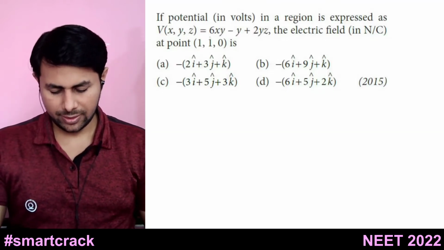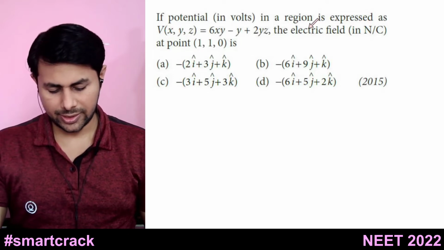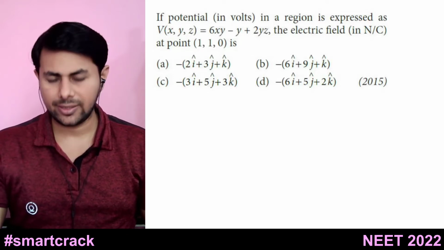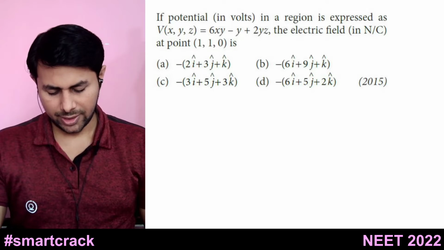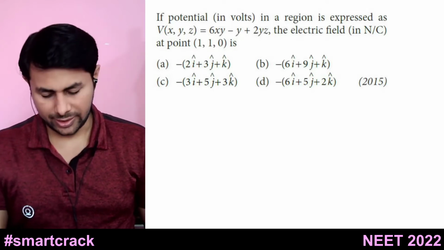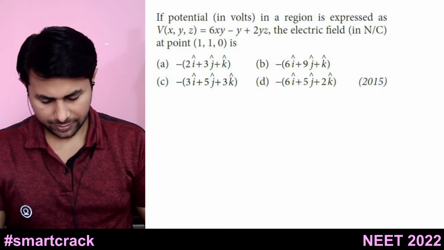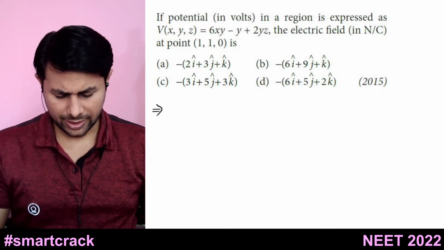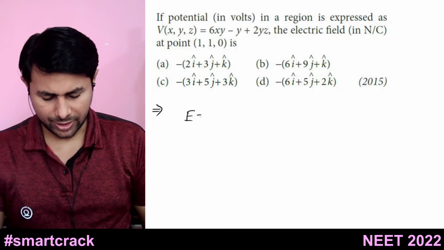The next problem is: if the potential in volts in a region is expressed as this, then the electric field at a point is. We know the relation between the electric field and potential.